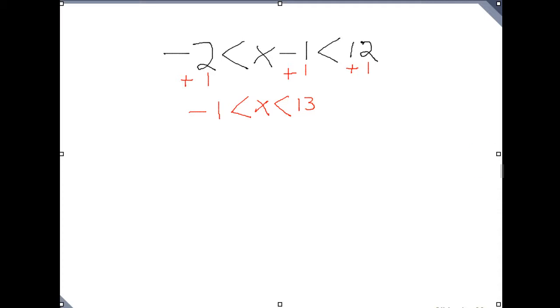So to graph this, we make a line. And usually in your practice and quiz-bees, they give you one already done. So we'll put a line there for -1. And then out here somewhere, there's going to be a 13. Now notice these inequality signs are only less than and less than.